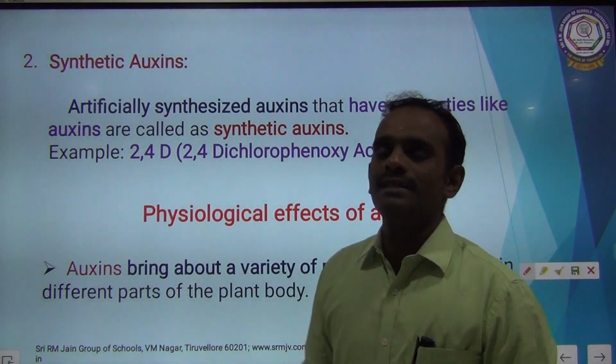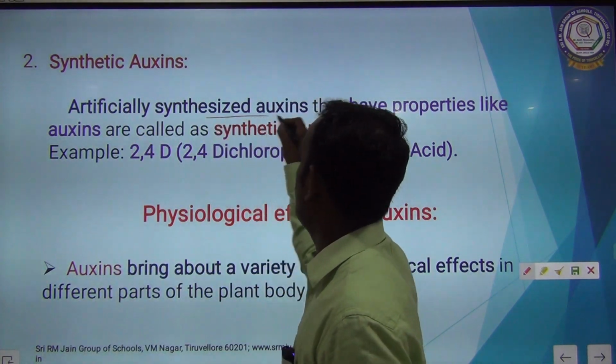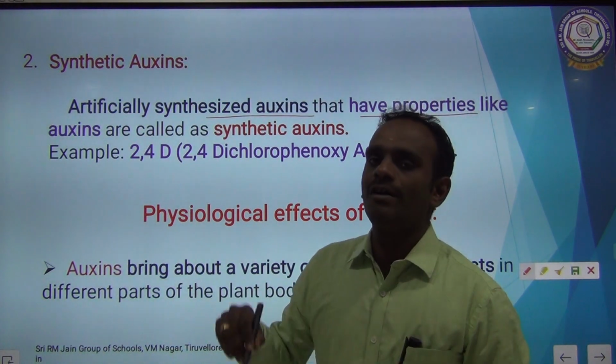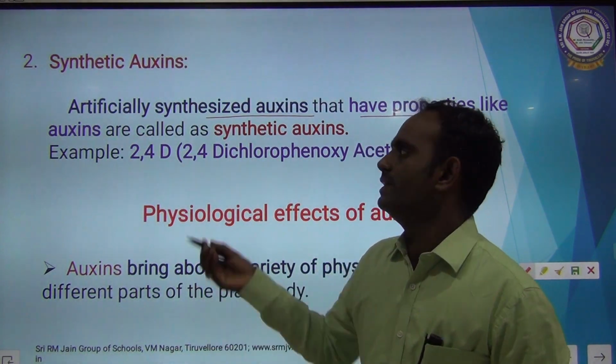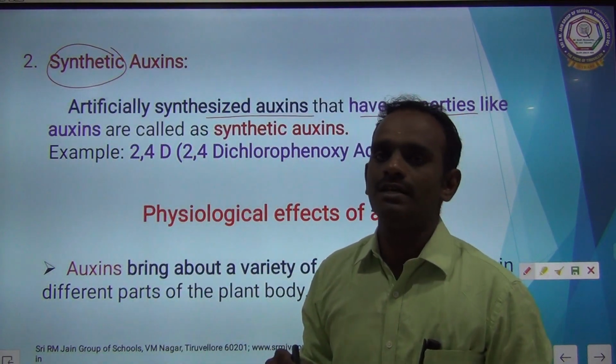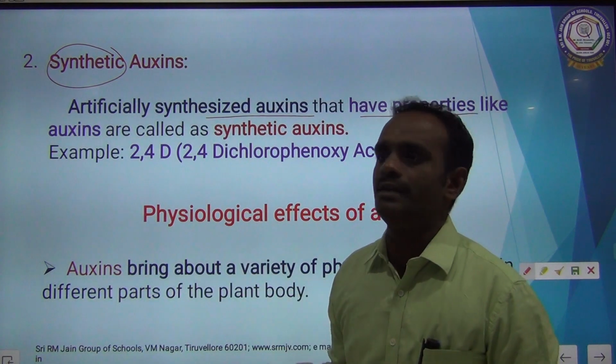The second one is synthetic auxins. Artificially synthesized auxins that have the properties of auxin are said to be synthetic. Synthetic means artificially prepared auxins. So man-made auxins are prepared in the laboratory.